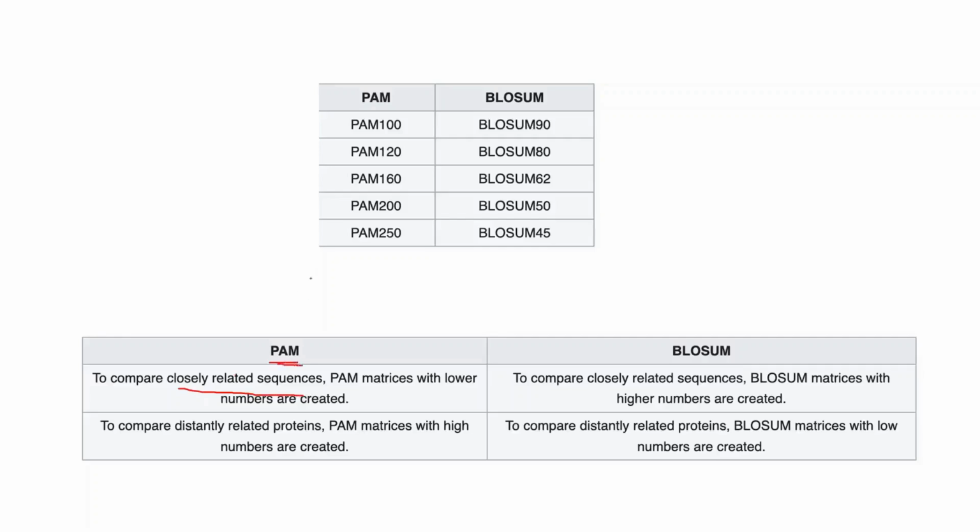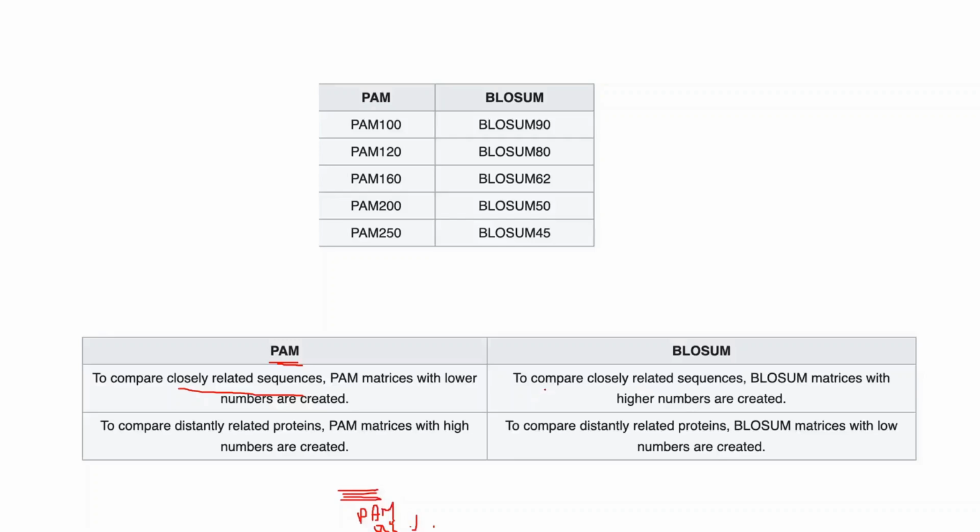The lower the PAM, suppose your two sequences are very much identical to each other, you have to use PAM 1. It means it has 99% identity and only 1% divergence.